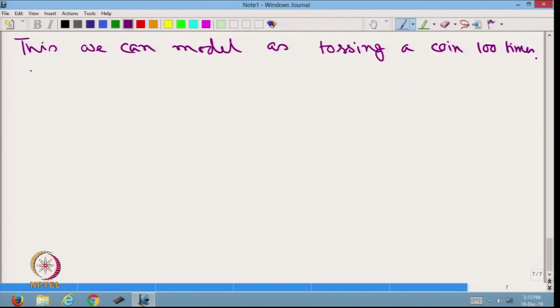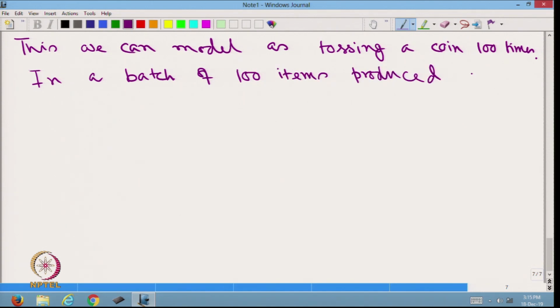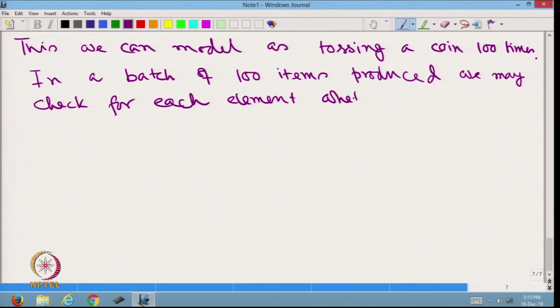In a batch of 100 items produced, we may check for each element whether it is non-defective.